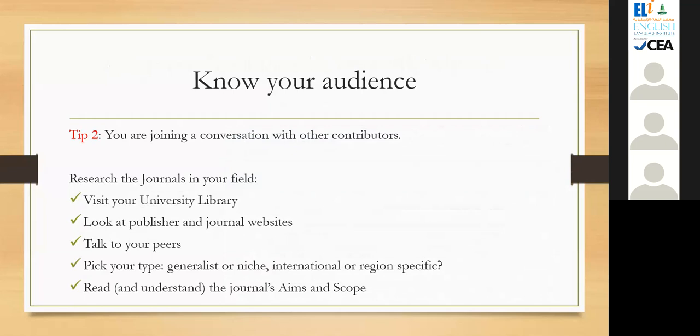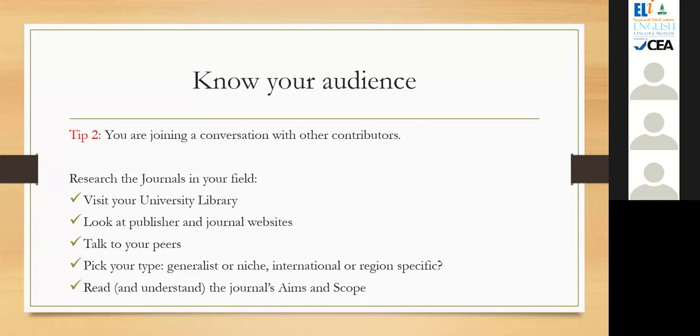So sometimes you ask me, how can I find a good journal? How can I see that this journal fits in my field? You have to visit your university library, look at publisher and journal websites, and talk to your peers.